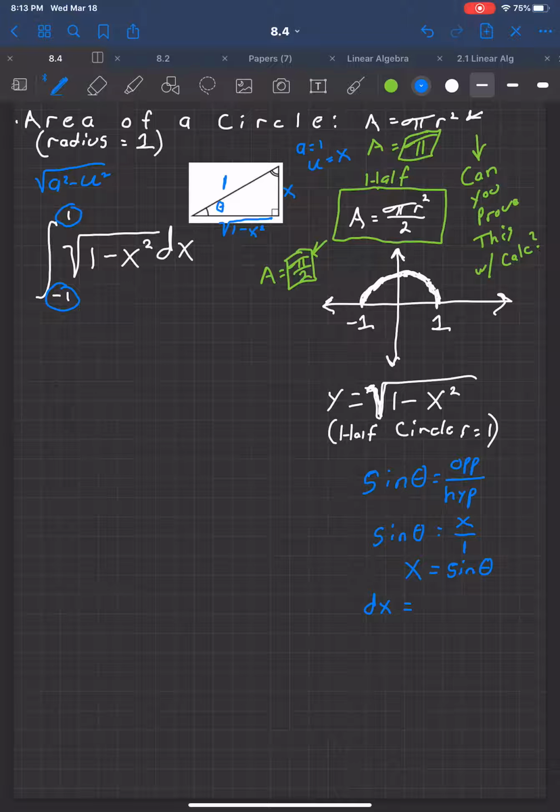If we take the derivative of x with respect to theta, the derivative of sine is cosine theta, and I'm going to go ahead and write my d theta here. Okay, now the consequence, the result of defining x as sine of theta, is that we get to rewrite the square root of 1 minus x squared as a cosine of theta.